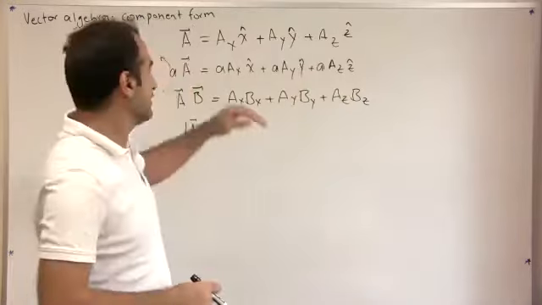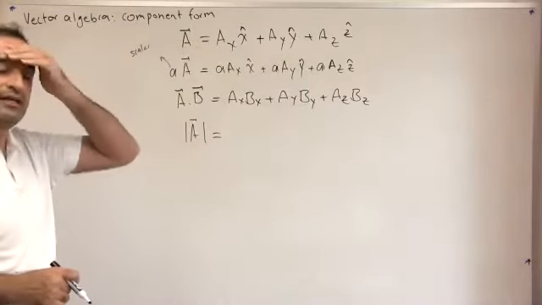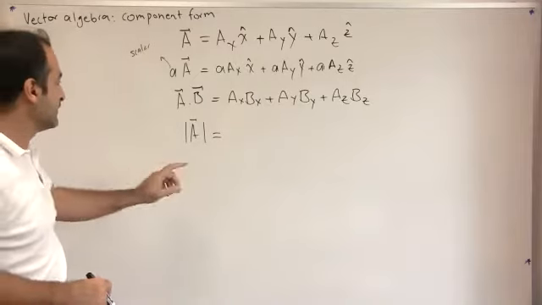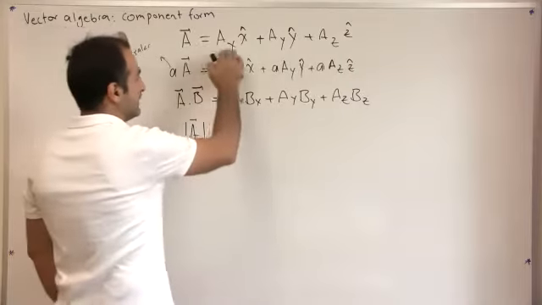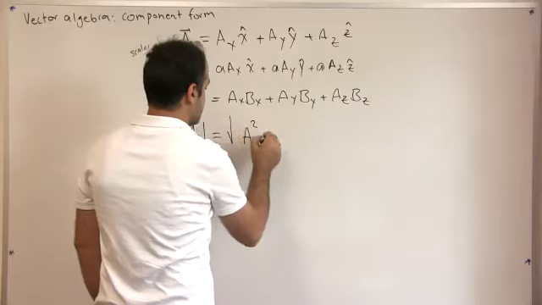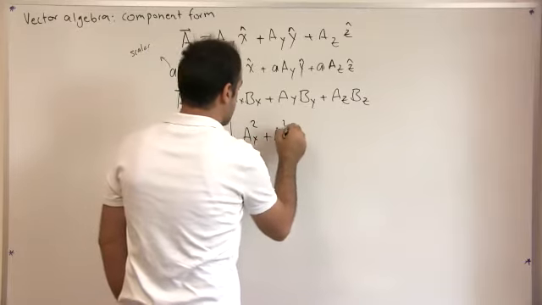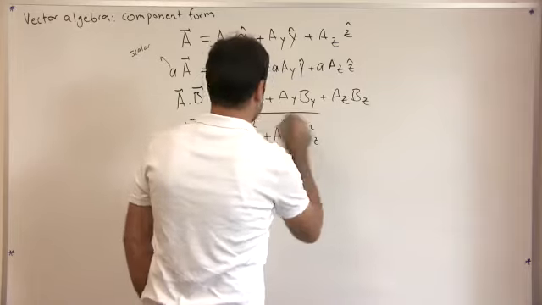So here we are working in Cartesian coordinates, they are perpendicular to each other, and following that, we can write the magnitude of the vector in terms of the components, and that's going to be the square root of Ax squared plus Ay squared plus Az squared.